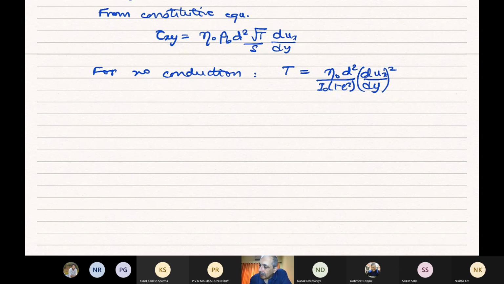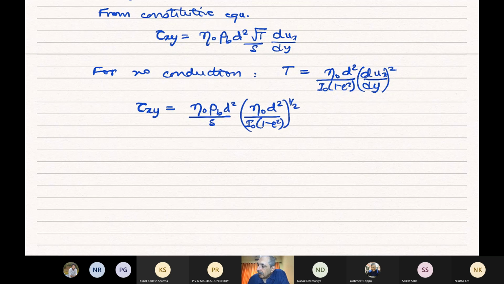So essentially, just to repeat exactly what we have done, this is nothing but eta 0 rho b d squared by s, and then substitute for the temperature. So that is eta 0 d squared divided by Re0 into 1 minus e squared raised to the power of half.